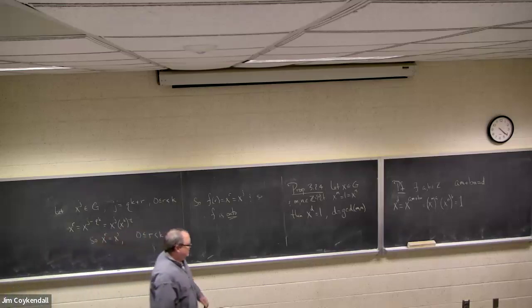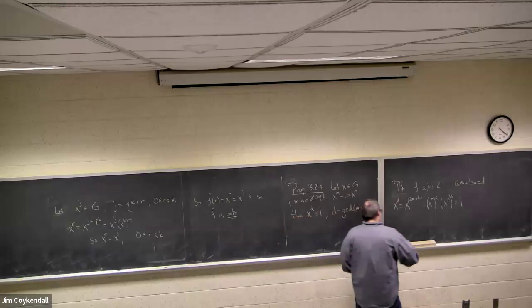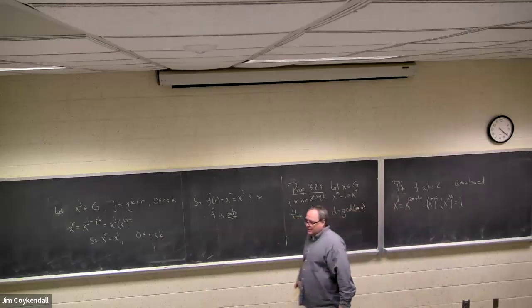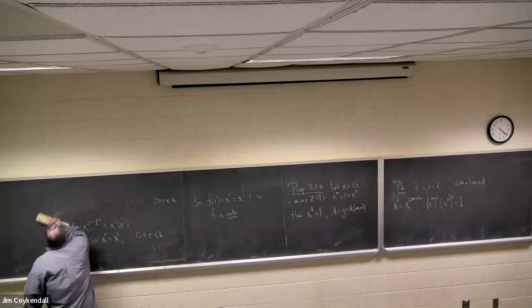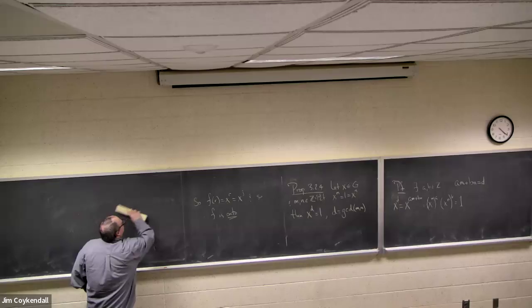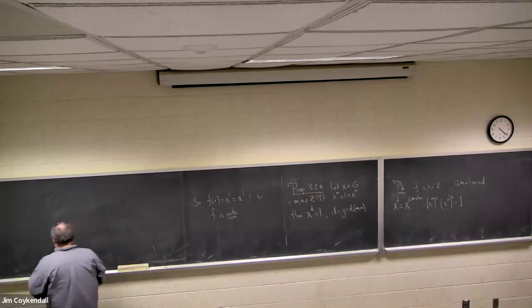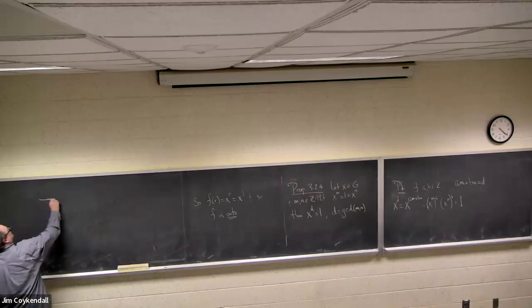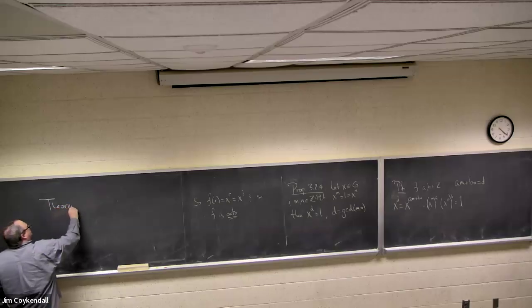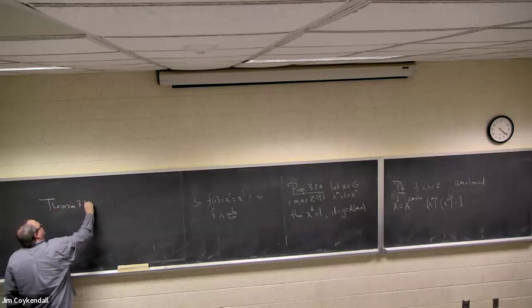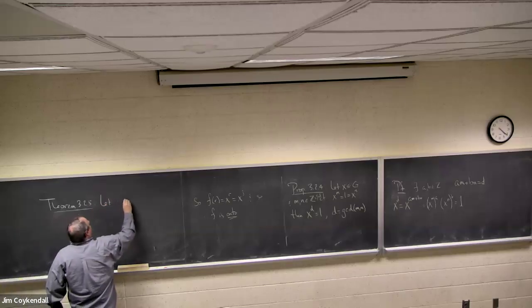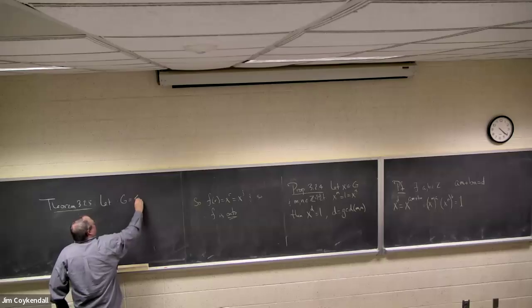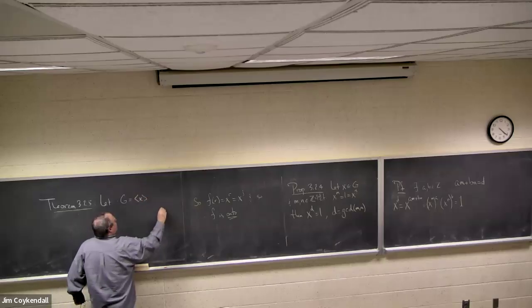Let me word this a little bit differently than what I did in the notes. I'm going to give you the big theorem here. Theorem: let G be a cyclic group generated by x.